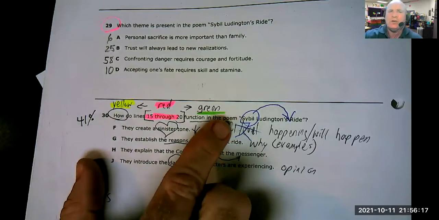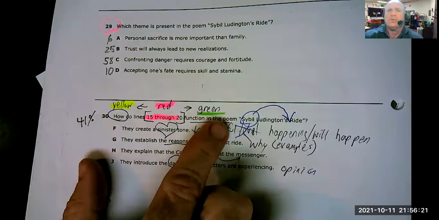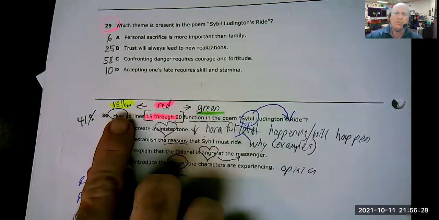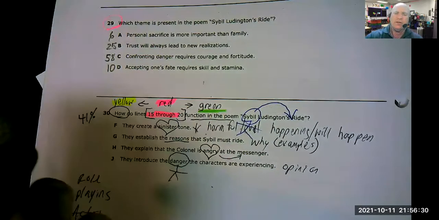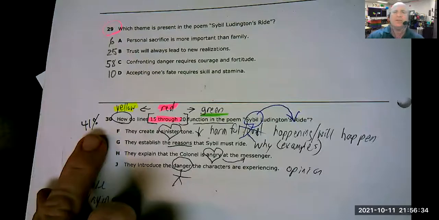She knew the area. She said that she was just as strong. And so when you compare and contrast Sybil to the messenger, you can clearly see that G was the best choice. But as you see in the answer choices in Texas, only 41% of the kids got it right.